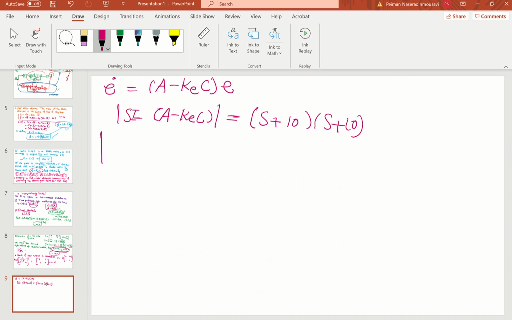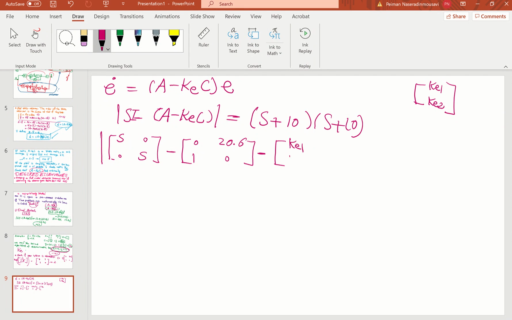So now let's do that. sI for a second order system is going to be s 0, 0 s, minus (A minus KeC). Your A is 0, 1, 20.6, 0, minus KeC. Your Ke is Ke1, Ke2, because you have two states. And your C is 0 and 1.